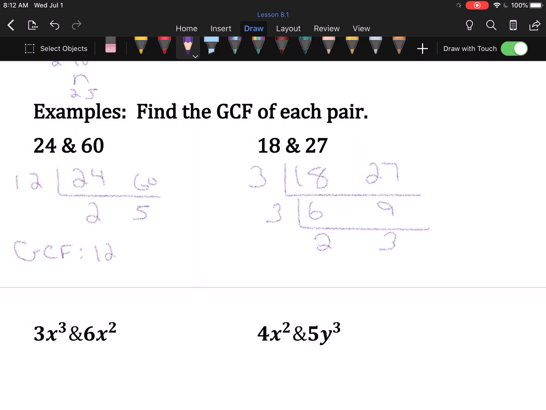And now 2 and 3 are what we call relatively prime. They don't simplify any further. Here, the GCF is now 3 times 3. The two numbers on the outside on the left. So the GCF is 9.